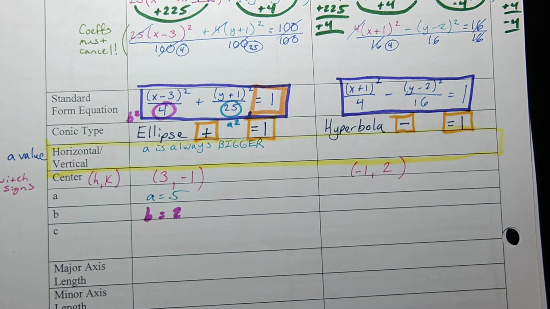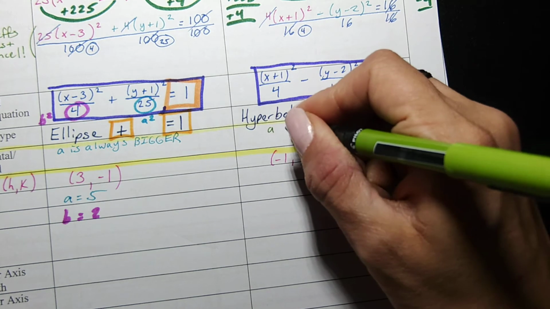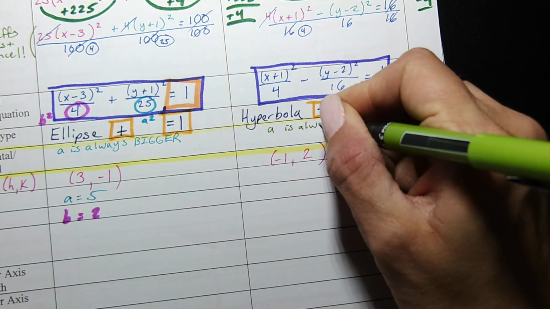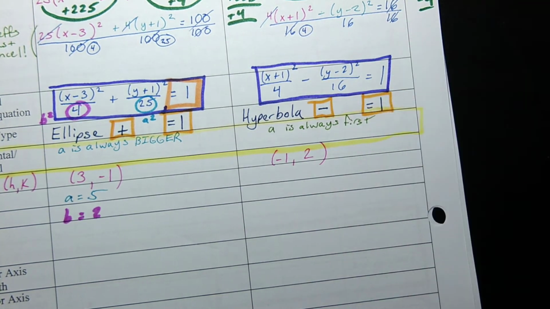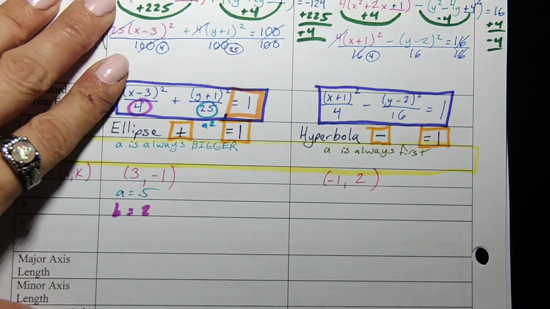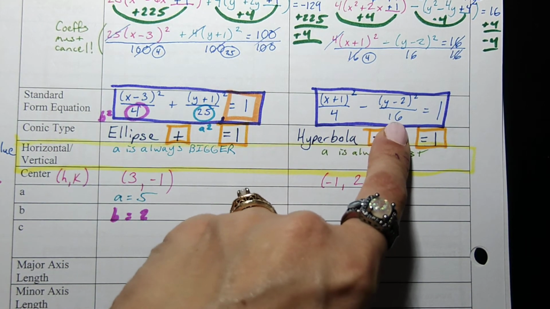Now for a hyperbola, a is always first. This is one of the most common errors made on the Unit 2 test, so it's going to remain one of the more common errors on the final. Because if we can't keep these straight, we're going to look at this hyperbola and go, my a value is 4.